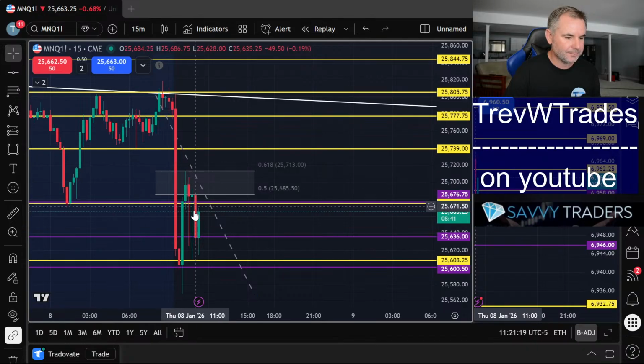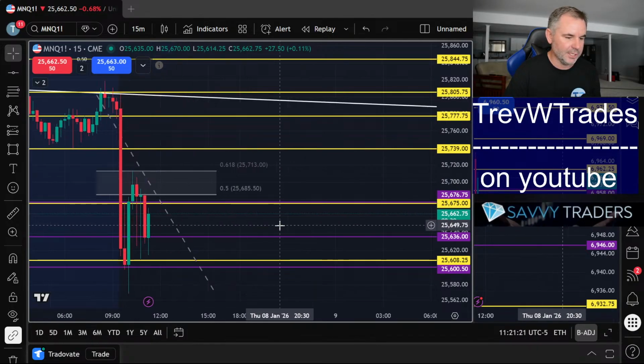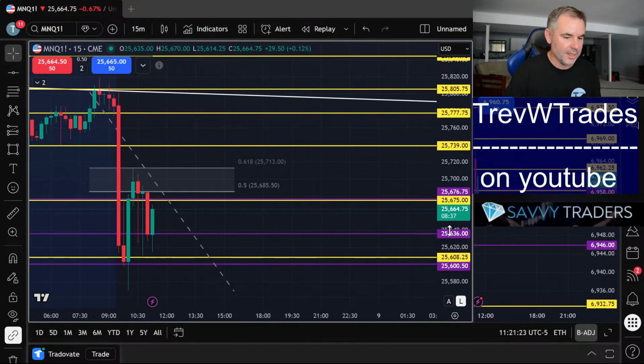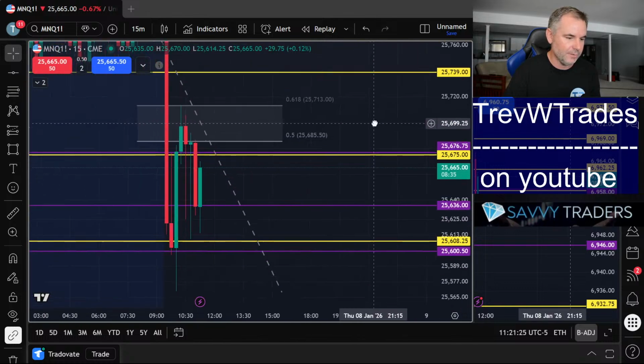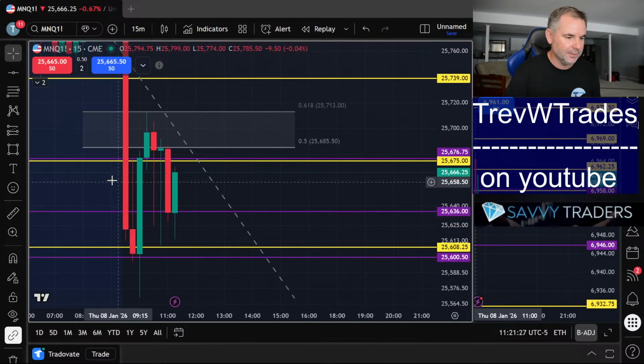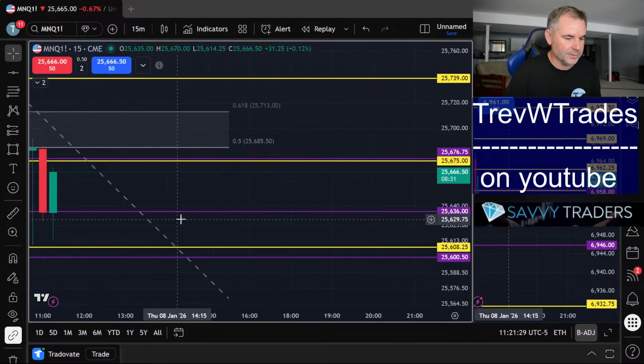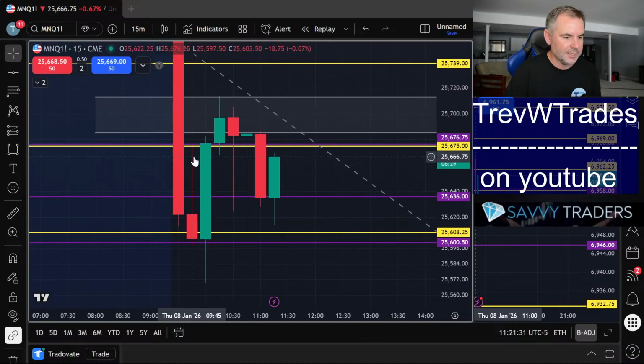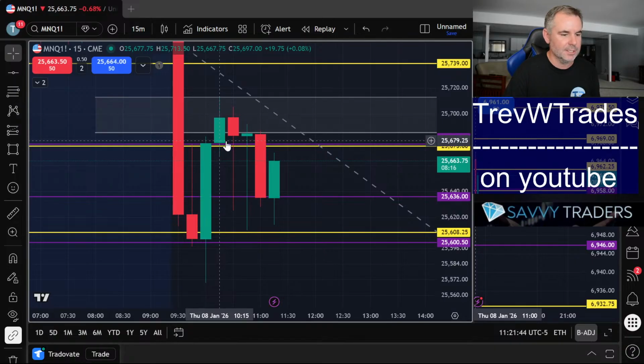So I started averaging in right on the first touch of this gap right here. I'll zoom right in. I started averaging in on this candle right here. As soon as we touched this gap, I basically was in, just very small size.